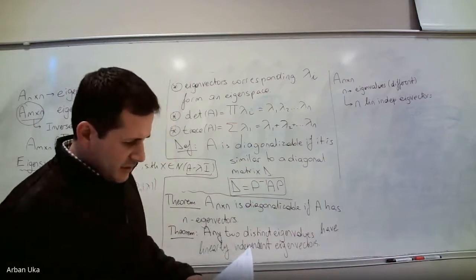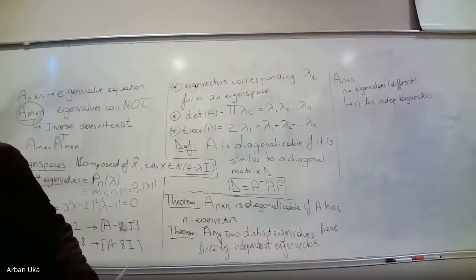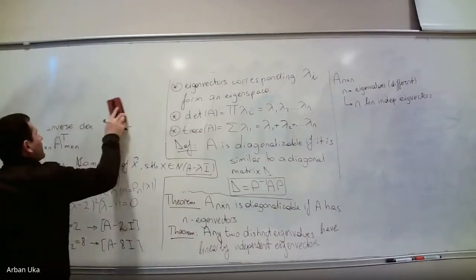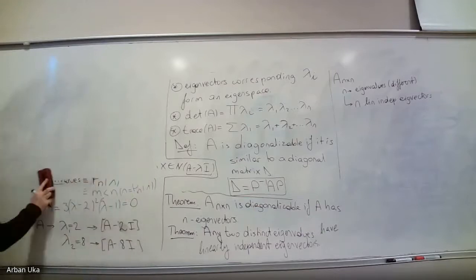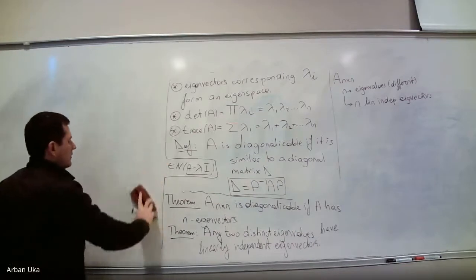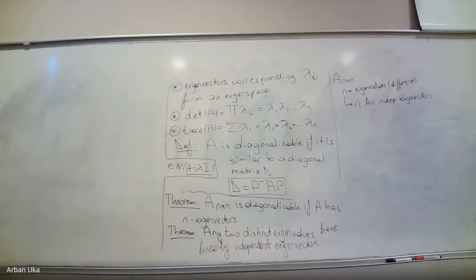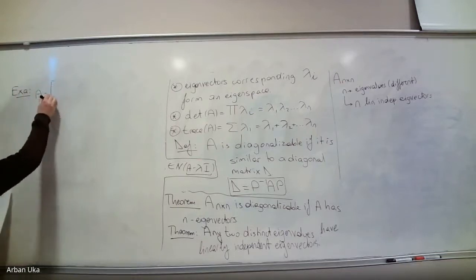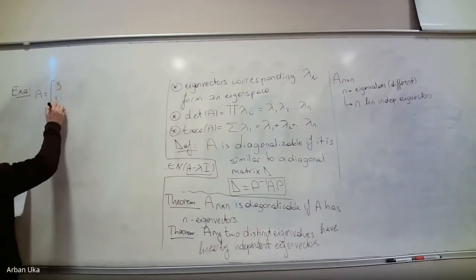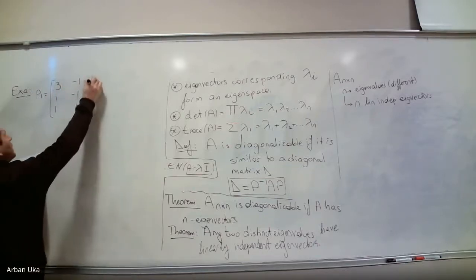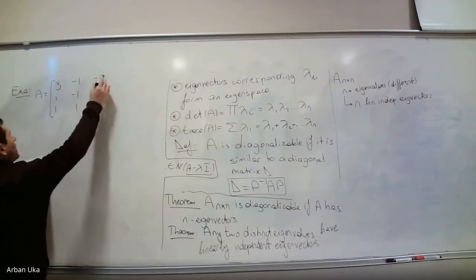So let's pick up an example here. Here we have a matrix which is -3, 1, 1, -1, -1, 1, -2, 1, 0.